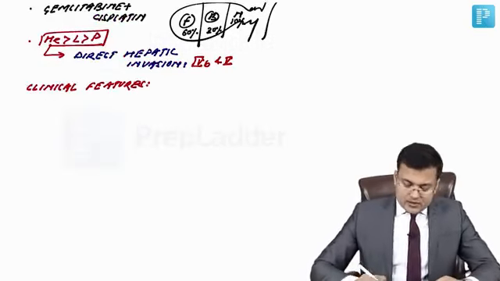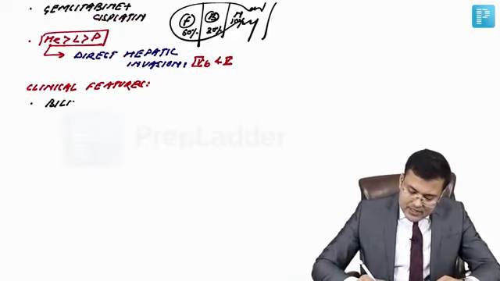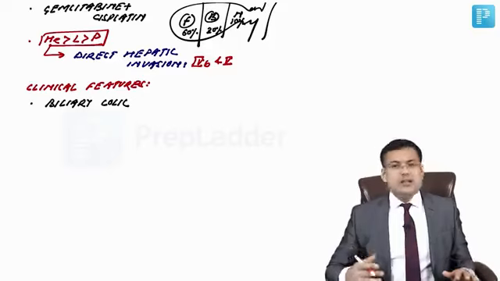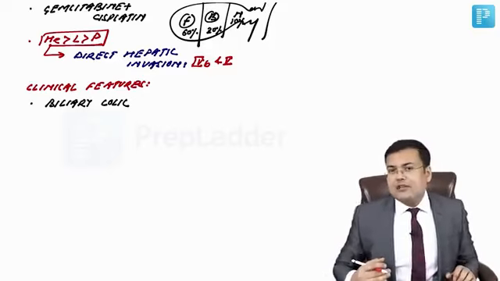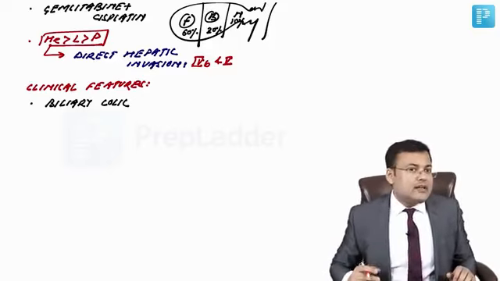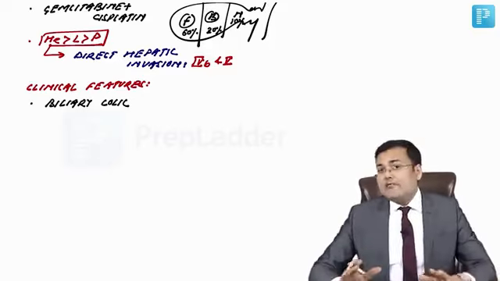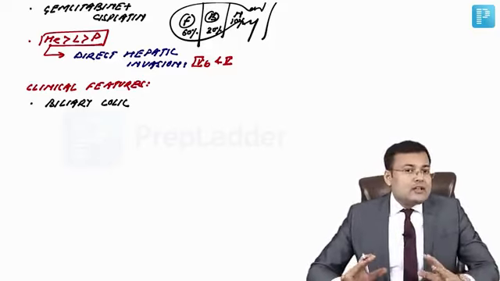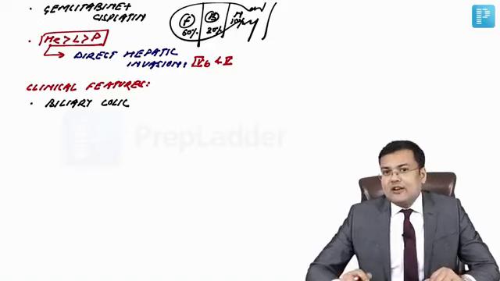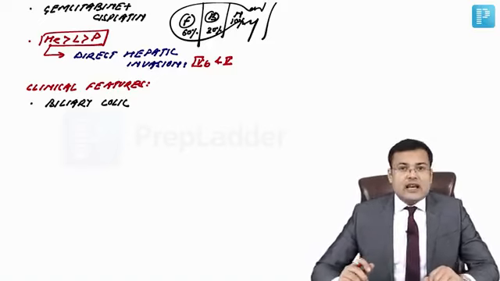Coming to the clinical features, these patients are having repeated attacks of biliary colic, right? What else? There is increased frequency of attack when carcinoma gallbladder is there. There is increased severity of pain during attack with sudden change in the character of pain. And what is the sudden change in the character of pain?